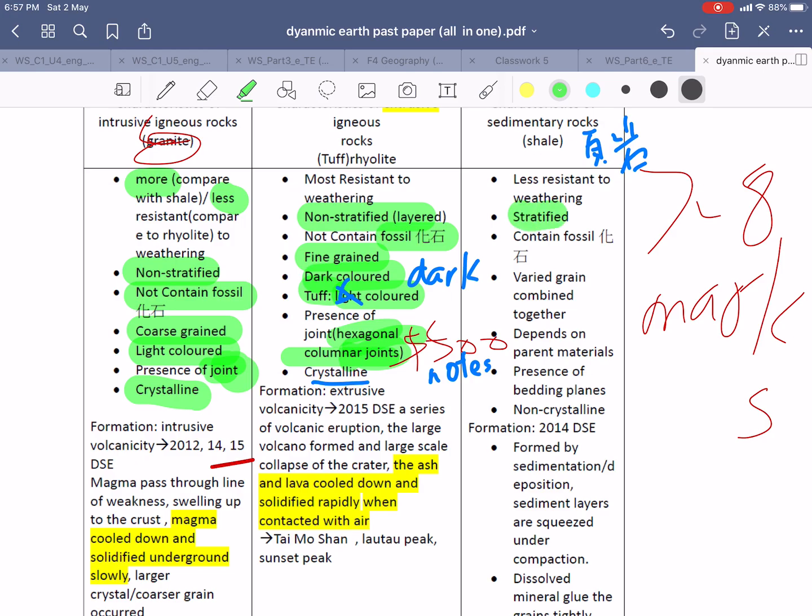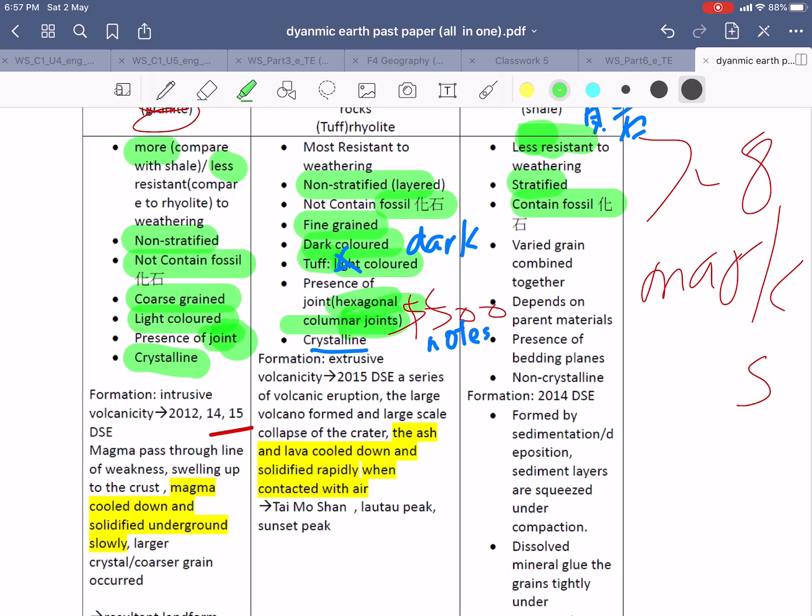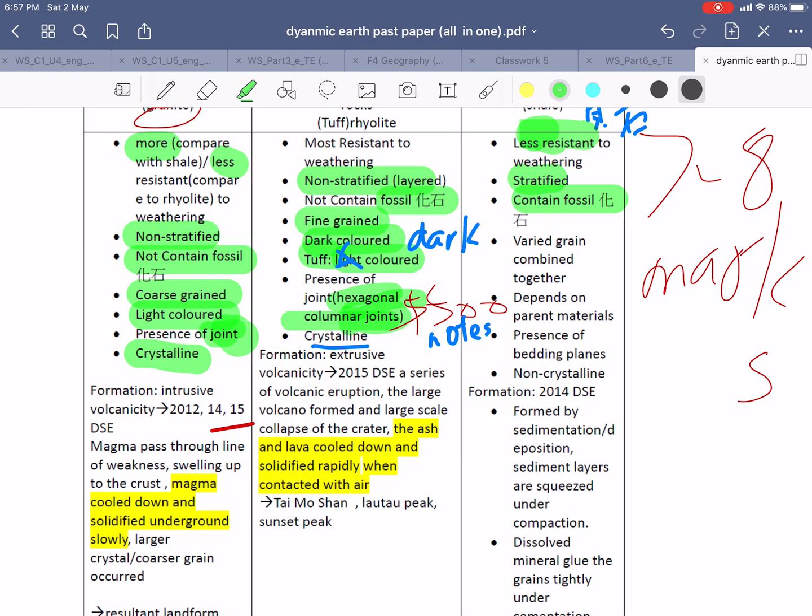And then stratified, and contains fossils, because some of the organisms died and are contained within the sediment. Okay, when it's doing the sedimentation, organisms will go along with the sediment, and after 1,000 years it may become a fossil. Okay, varied grain, because we have different kinds of grain deposited together.